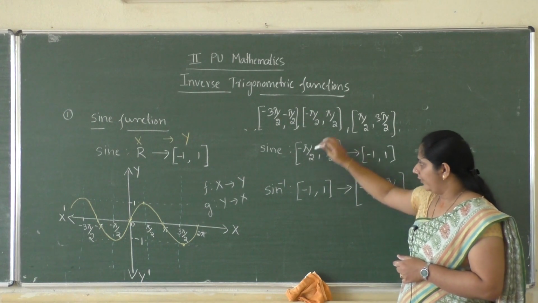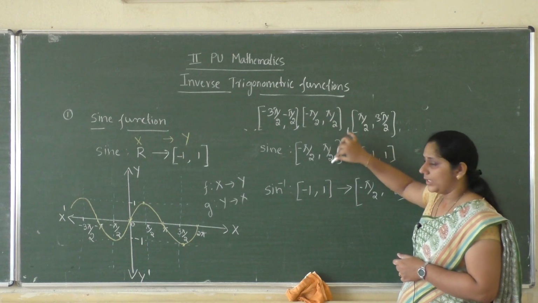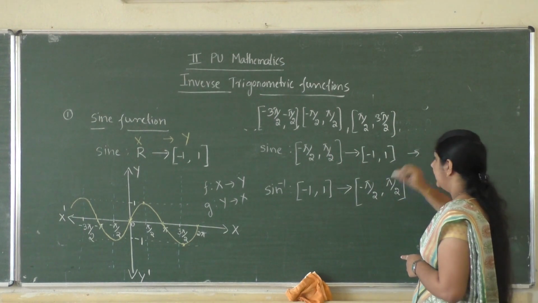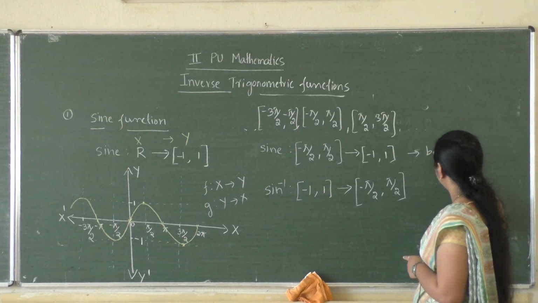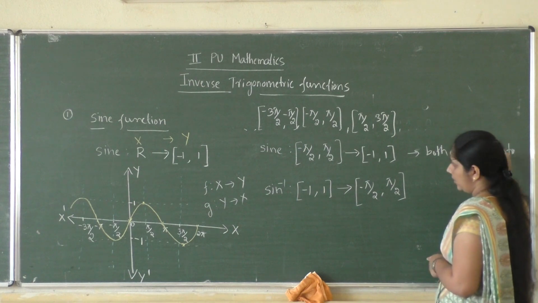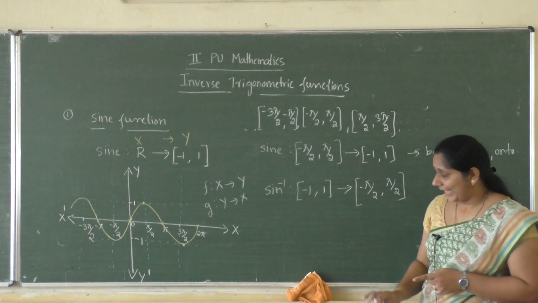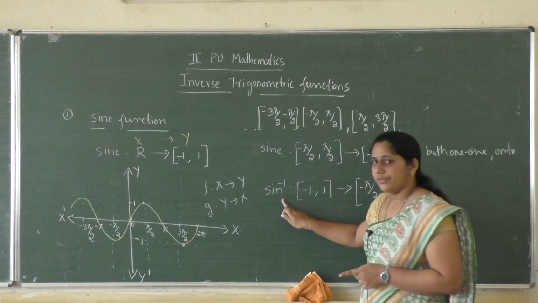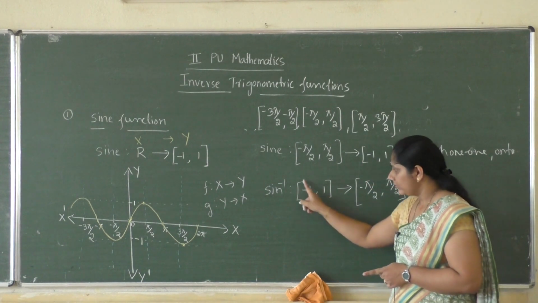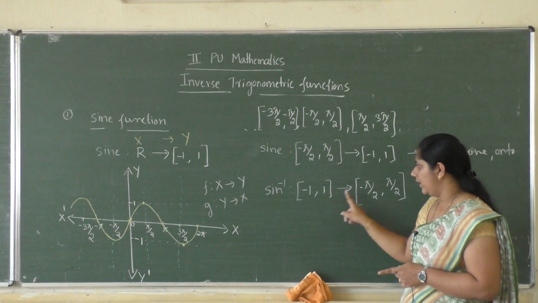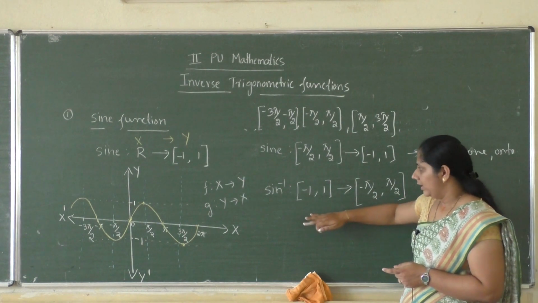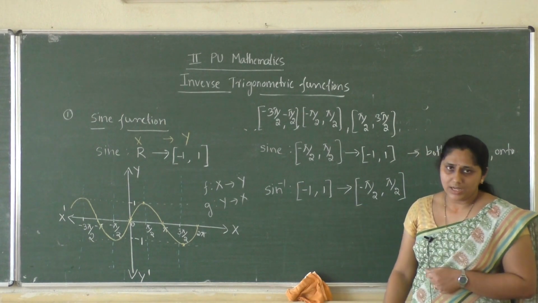So if the closed interval minus pi by 2 to plus pi by 2 is the domain and the closed interval -1 to 1 is the range, then the sine function is both one-one and onto. So the inverse of the sine function exists, and sine inverse is a function from closed interval -1 to 1 to closed interval minus pi by 2 to pi by 2.